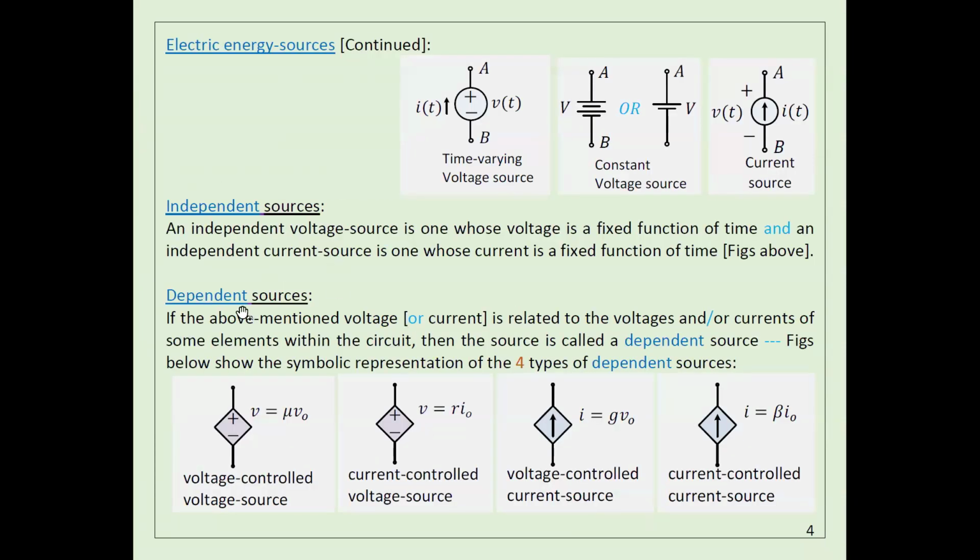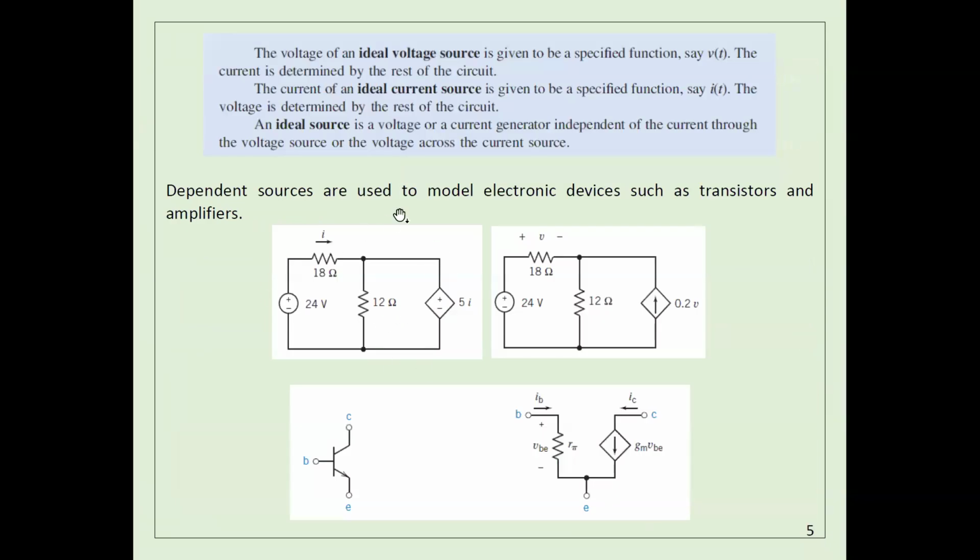Actually, these dependent sources are usually used to model something like a transistor. So if you have a transistor like this one, what do you mean by model? Model means I want to find a circuit like this one, so that this circuit is going to behave similar to this transistor.